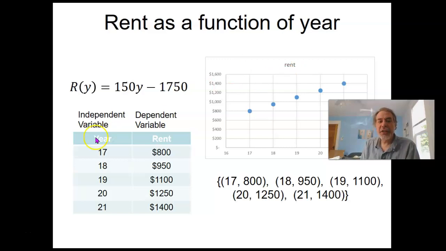So usually the independent variable is listed first, and then the dependent variable that's a function of the independent variable is listed second. So if we've got y as a function of x, the y is the dependent variable because it depends on x, and the x is the independent variable. And with the ordered pairs, the independent variable is listed first, and then the dependent variable, the thing that depends on that, is listed second.